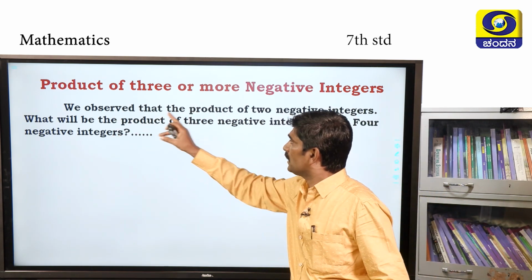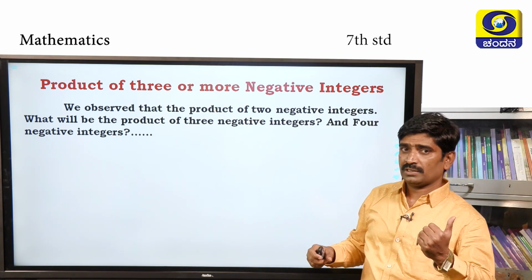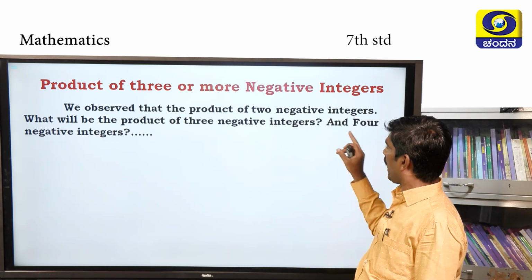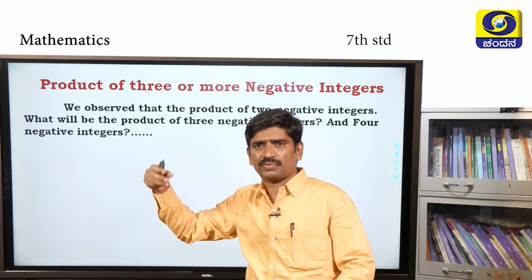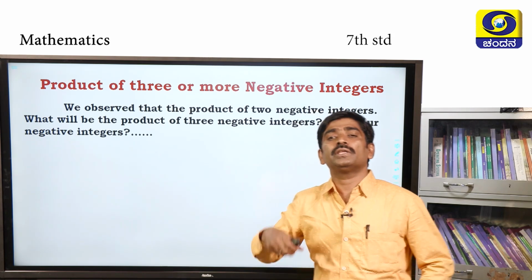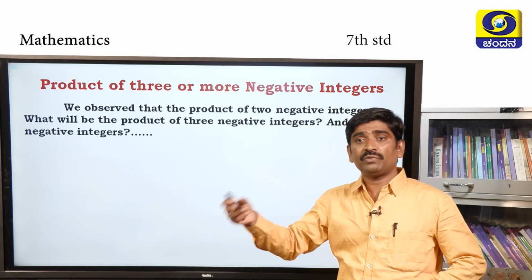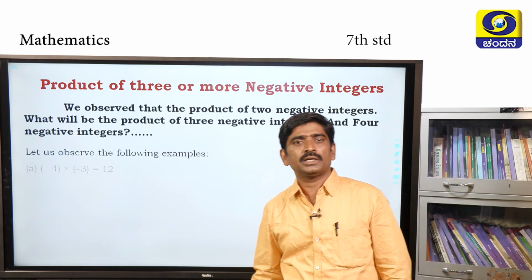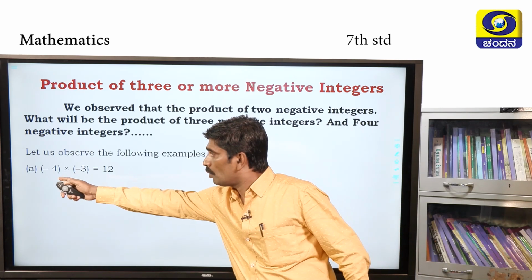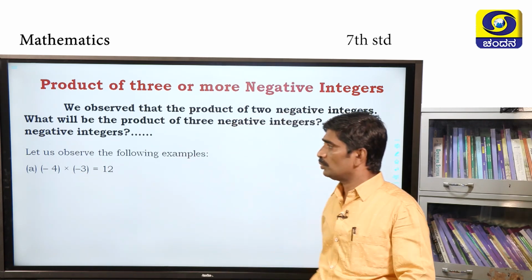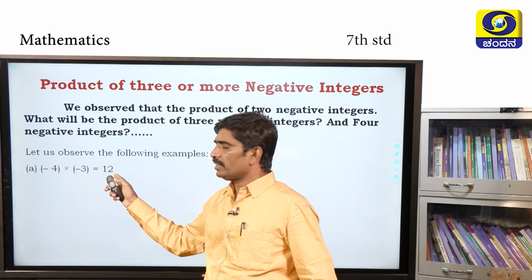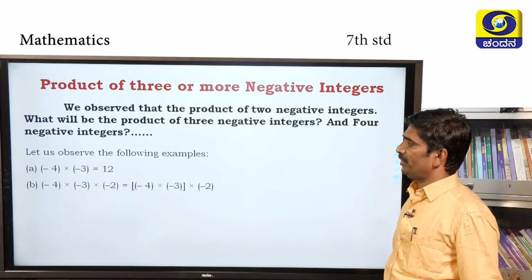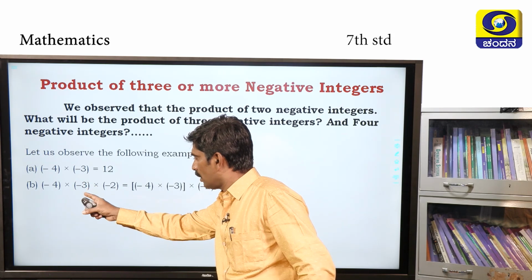Next we go to the product of three or more negative numbers. We observed the product of two negative integers previously. What will be the product of 3 negative integers, 4 negative integers, 5 negative integers, or 6 negative integers? Let us observe the following examples. Minus 4 into minus 3 into minus 2. We know when 2 negative integers are multiplied, we get a positive, that is plus 12. Then we take 3 negative integers: minus 4, minus 3, minus 2.